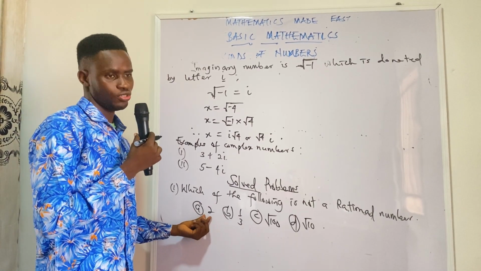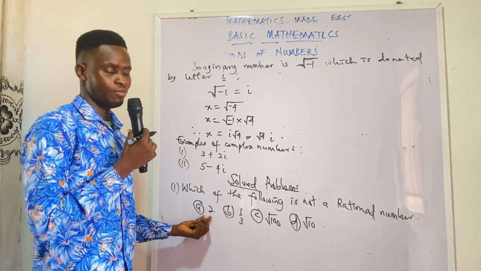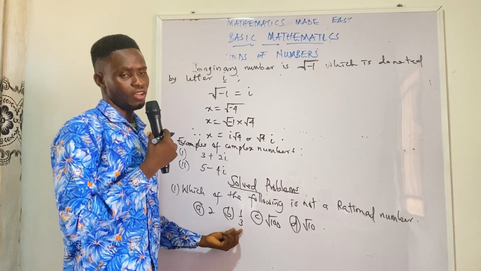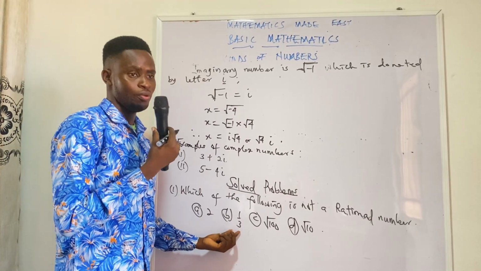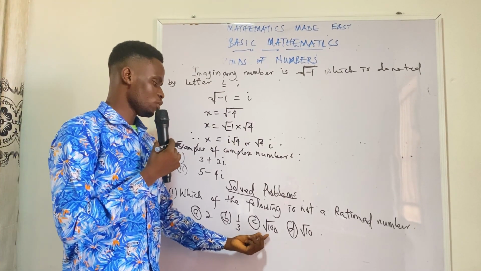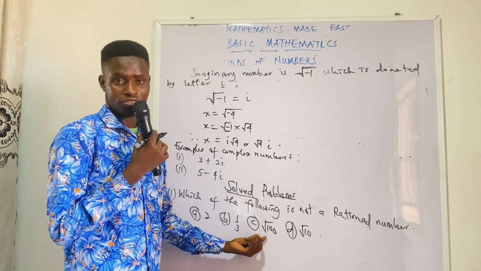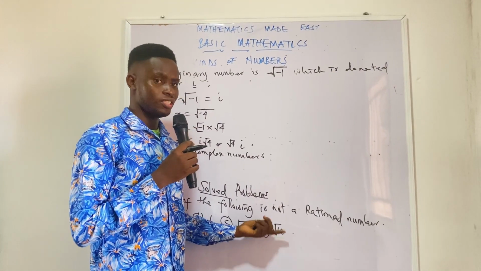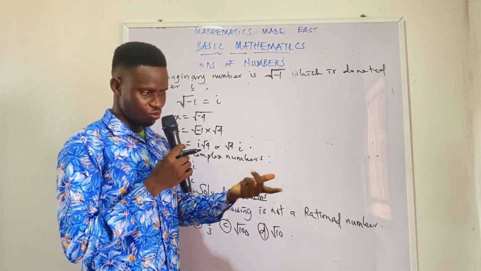If you know 2 is rational, it is a whole number which can be expressed as the fraction 2/1. 1/3 is rational because it has repeated digits after the decimal point, which I have explained earlier. Square root of 100 is 10. Square root of 10 is going to give something like 3.162 and so on.